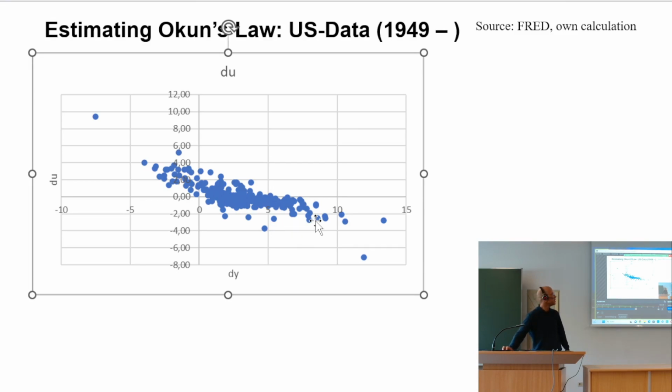And what we want to do now is quantitatively, what is the dependence, and now not only until the data of 1960, but until the data of today. Maybe we see then if, from the descriptive point of view, something has changed compared to the analysis of Okun in the 1960s.